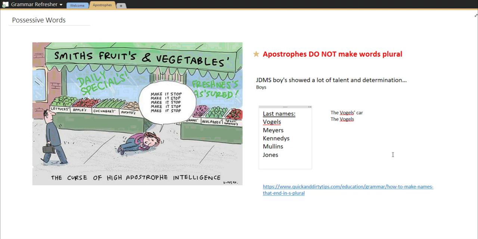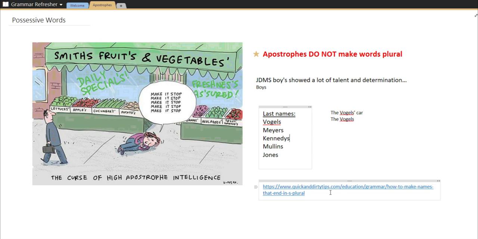The next is when we have a last name that ends in S, such as Mullins or Jones. In order to make sure that what I've known for many years still stands, I looked up these rules on many sites and in many grammar textbooks that I have access to. And I've actually linked to one of my prime sources here, a grammar guru online.